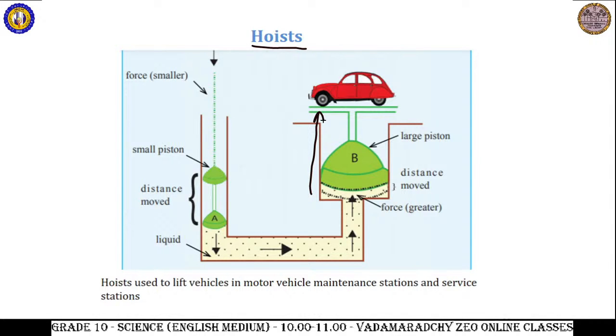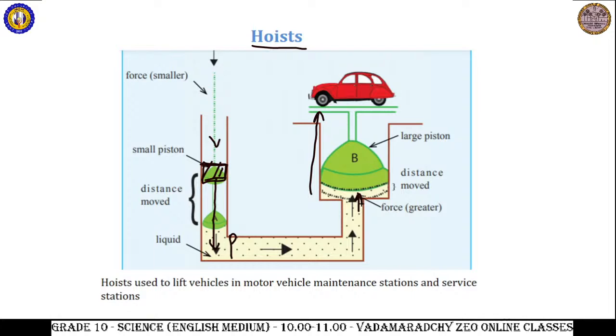Here also there are two pistons. By the small piston we give a small force. This force exerts a pressure in the liquid, that is oil. As per the principle, this pressure is transmitted to the larger surface area piston.